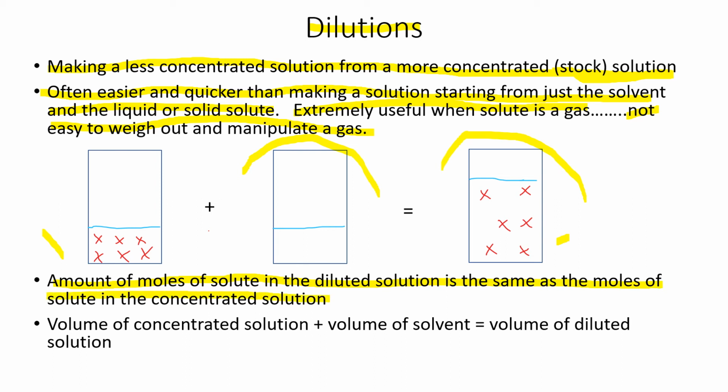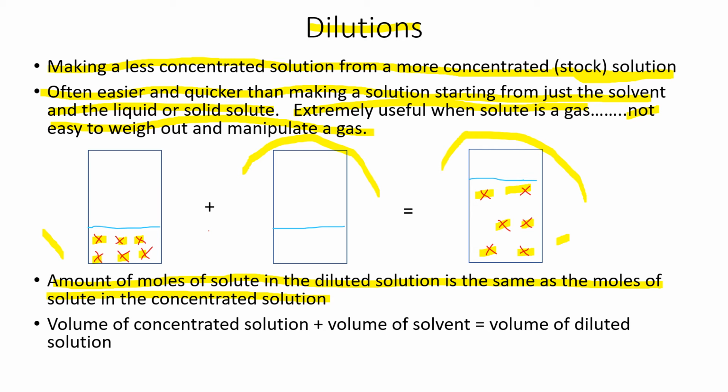We can see that in the picture. If you look at the concentrated solution on the left, you see 1, 2, 3, 4, 5, 6 solute particles. Well, how many solute particles do you see in the diluted solution on the right? 1, 2, 3, 4, 5, 6. The moles of solute didn't change. Why?